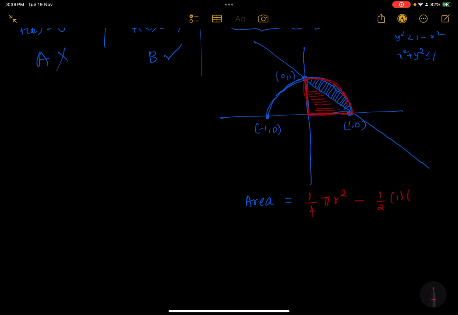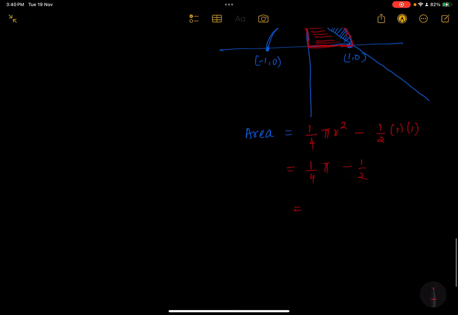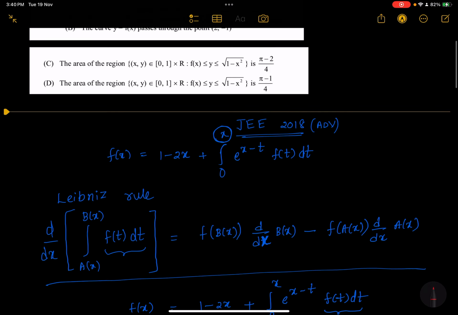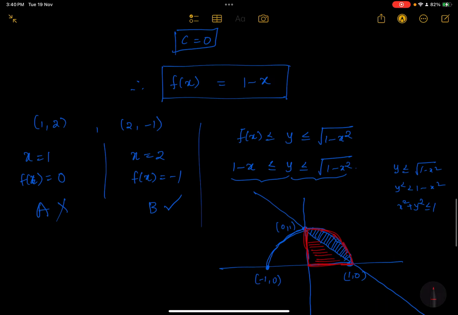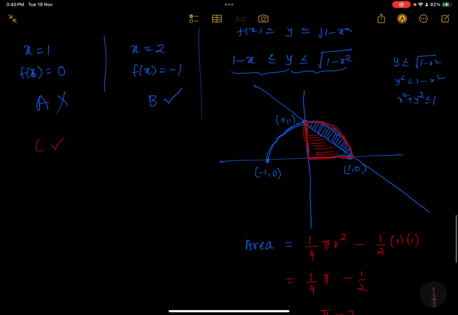Base is 1, height is 1. So 1 by 4 pi r square, radius is 1. So pi by 4 minus 1 by 2. So that is pi minus 2 by 4. This is the area of the required region. So pi minus 2 by 4. Option C is correct. Option D is incorrect. So answer is B and C.